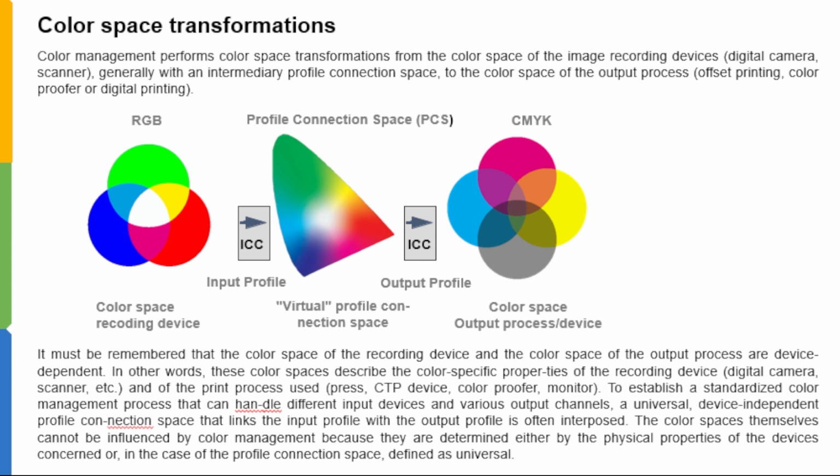To establish a standardized color management process that can handle different input devices and various output channels, a universal device independent profile connection space that links the input profile and the output profile is often interposed. The color spaces themselves cannot be influenced by color management because they are determined either by the physical properties of the devices concerned or, in the case of profile connection spaces, defined as universal.